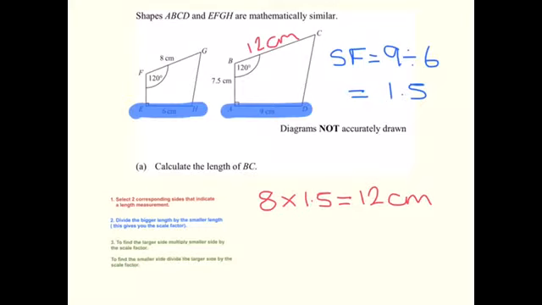So this time I'm going to take 7.5, which is the length of this side here, and divide that by the scale factor of 1.5, and that gives me an answer of 5 centimetres. So the size of this side is 5 centimetres. Okay, hope that helps.